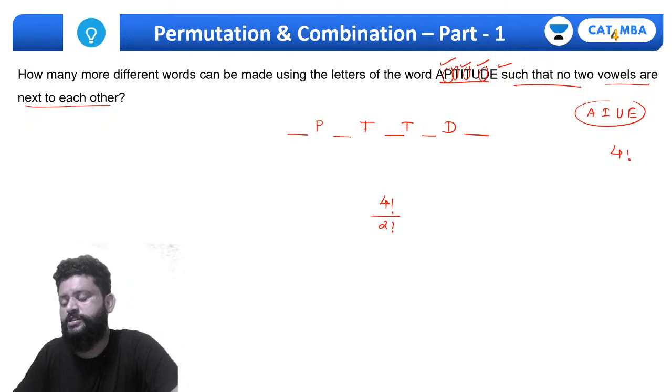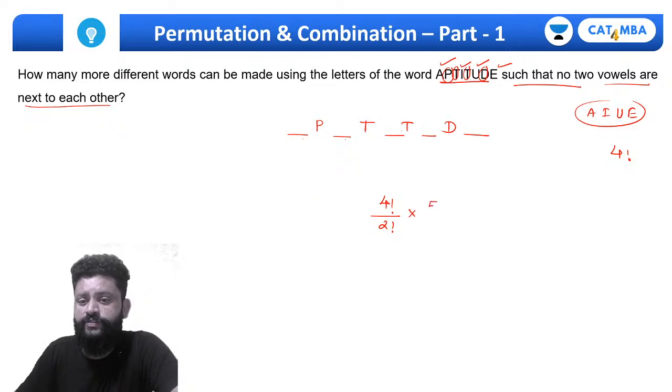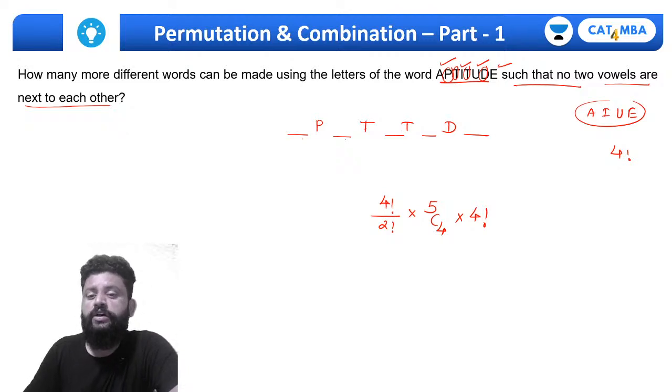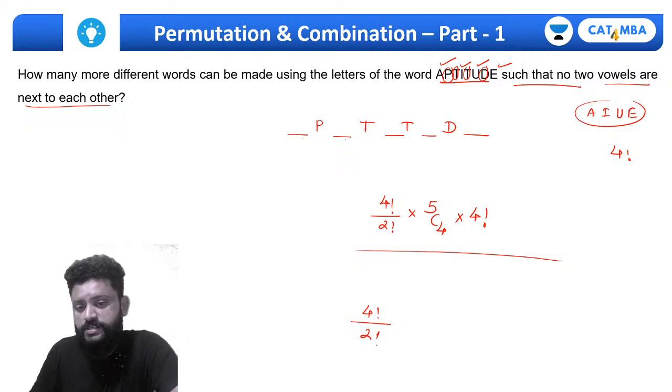Of course they can be arranged in 4 factorial, but the problem is we do have 5 places here, so we can select 5 places in 5C4. So we'll decide which 4 are to be filled in 5C4 ways, and actually these can be filled in 4 factorial ways. Or the other way, if you want to do, is 4 factorial divided by 2 factorial for consonants into, you can simply do it is 5P4.